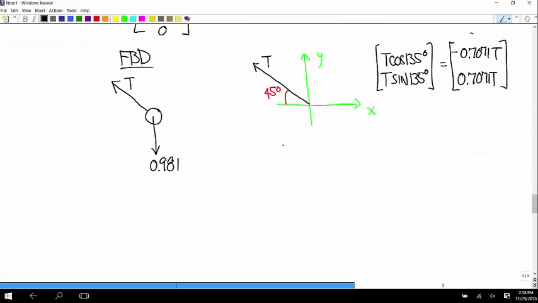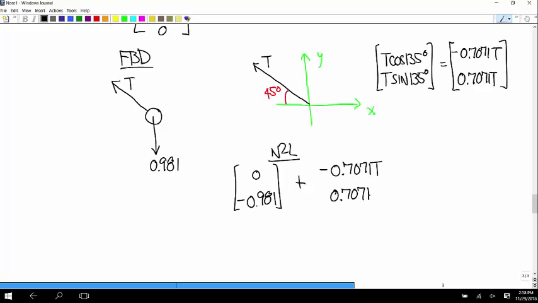And so now Newton's second law says 0, negative 0.981 plus negative 0.7071 t, positive 0.7071 t is equal to the mass times the acceleration, which is negative v squared over 0.1768, and then 0 for y.